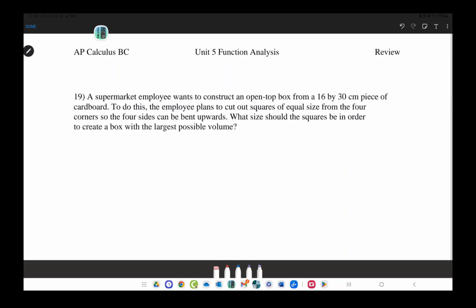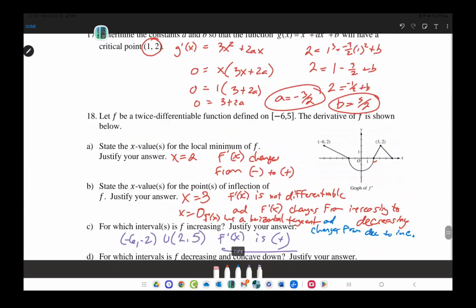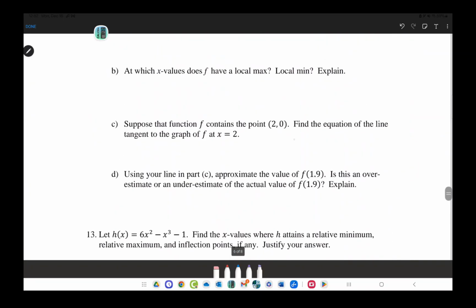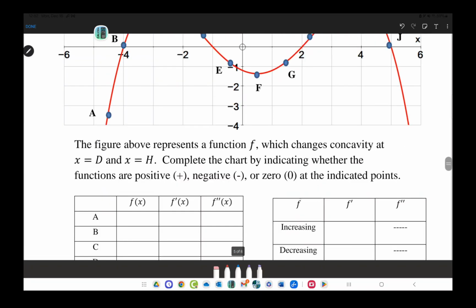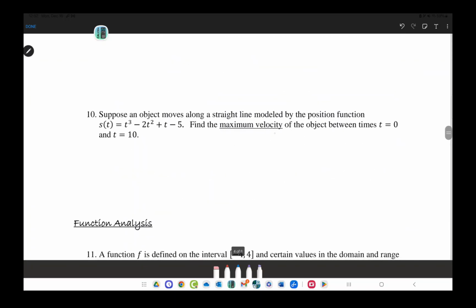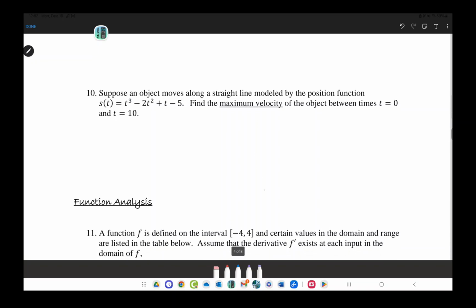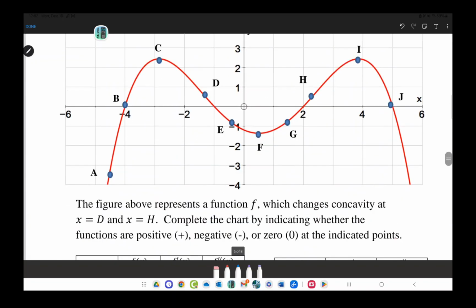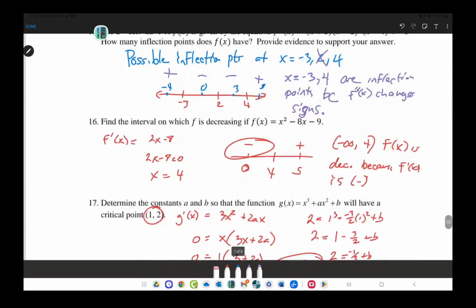I think we had a question like that already. Yeah, right here. So find the maximum velocity, which means we need to find the velocity first and then take the derivative of that. Same thing, if I want the max acceleration, I need to find the acceleration function and then take the derivative of that.